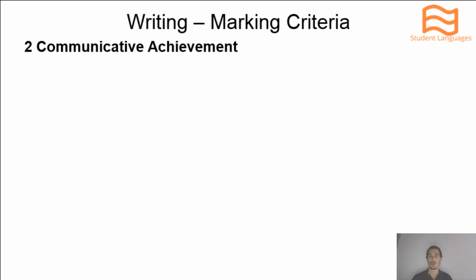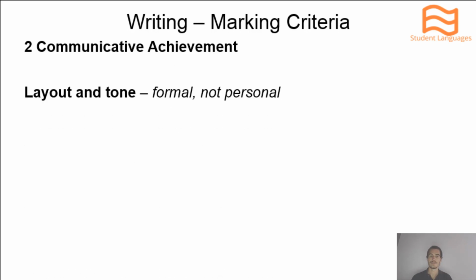What is communicative achievement? You should make sure that you concentrate on the layout and tone of your writing. So for example, if you are writing an essay, you should make sure that your writing is formal and not personal.